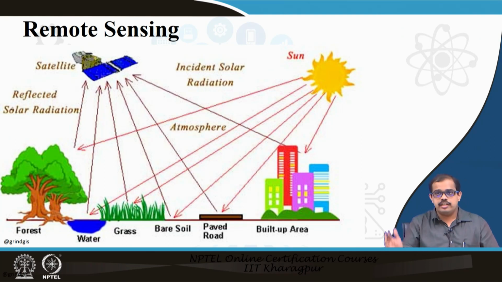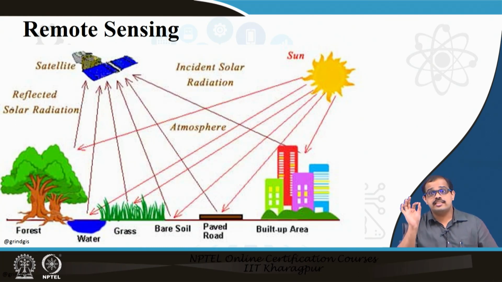Then you convert it into a digital form. For example, you would have zoomed into certain images. If you just take a photo of yourself and zoom in as much as possible, you would look at pixels. Each of these pixels, because it represents a certain amount of reflection, has its own digital number. That is the amount of reflectivity that is there.